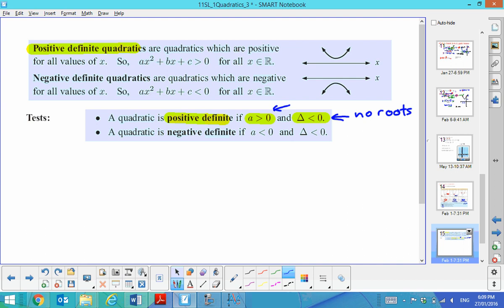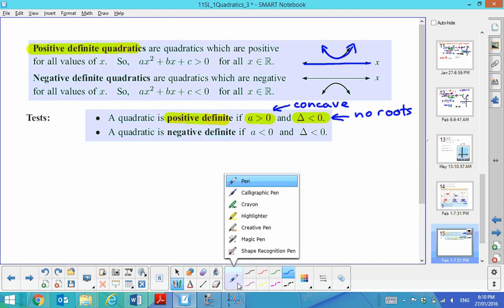A is greater than 0, that means it's concave up. And that's why you get a concave up and not cutting through your x-axis, so it's always positive.